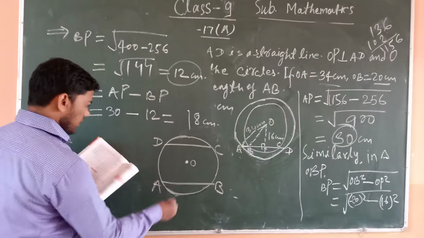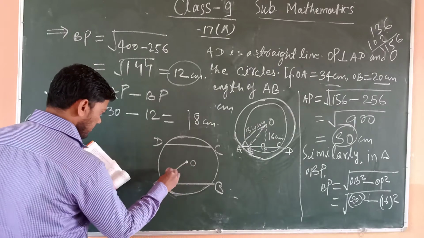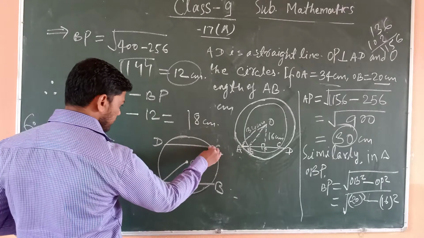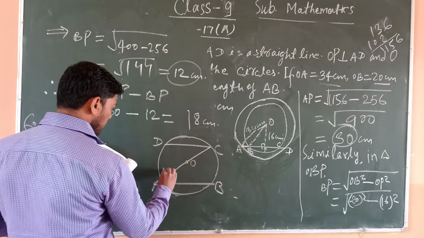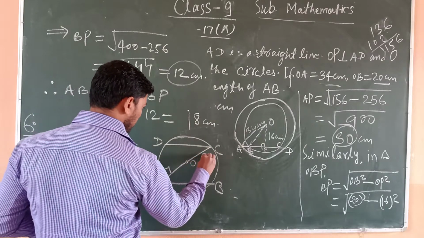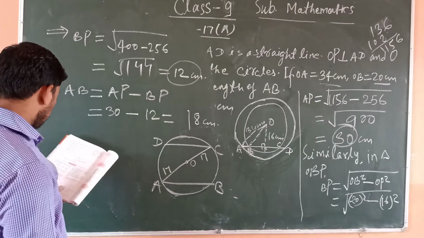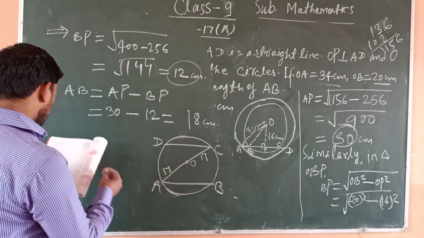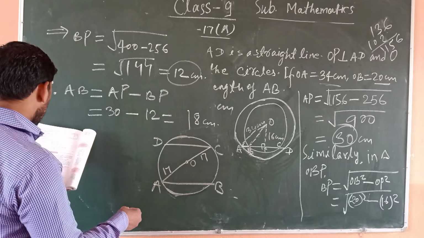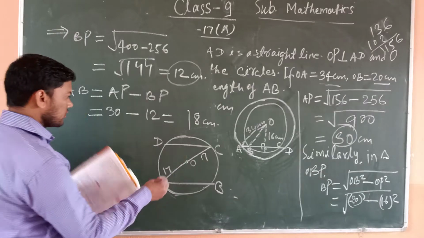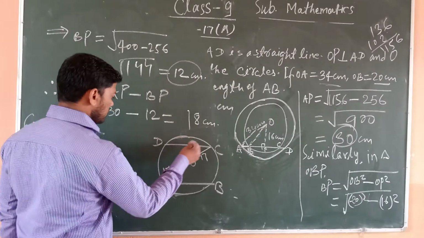Radius is 17 centimeter, and the lengths of chords are 30 centimeter and 16 centimeter.